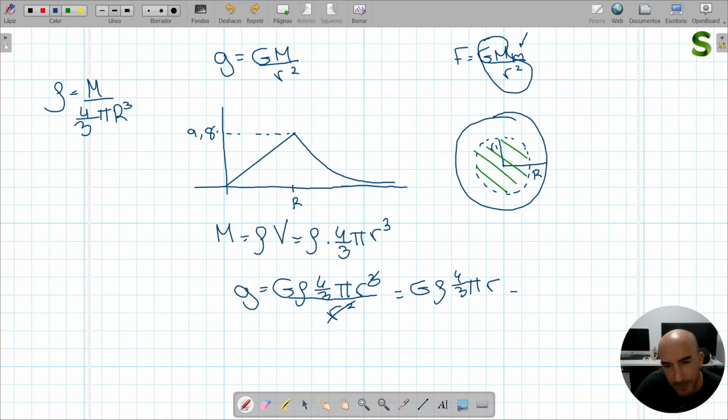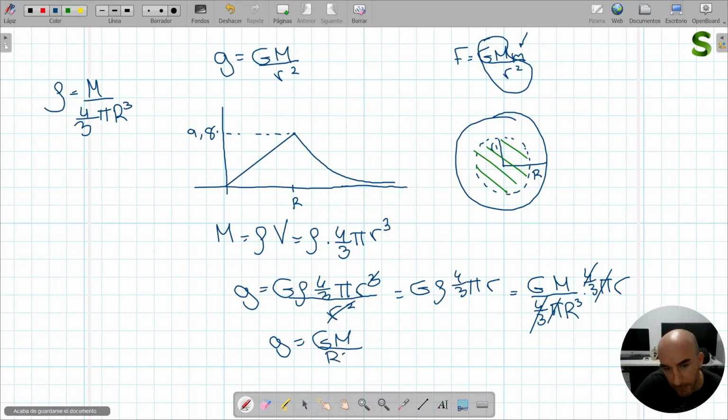So if we substitute that there, we have g equals capital G times m divided by 4/3 pi the radius of the planet cubed, times 4/3 pi r. And we can simplify this, and we can obtain a formula that we can see depends solely on r as the variable.